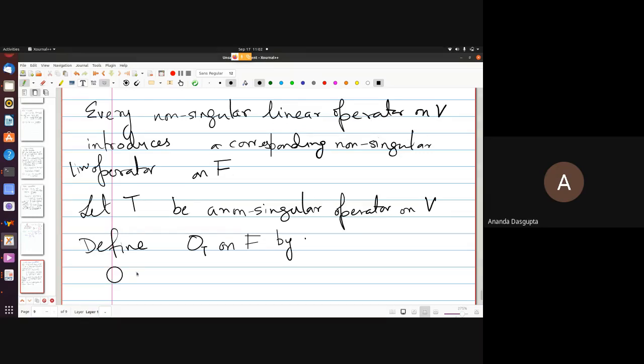So I will tell you what OT does to a function f. Acting on f, it will produce a new function OTf. Now how do we define OTf?